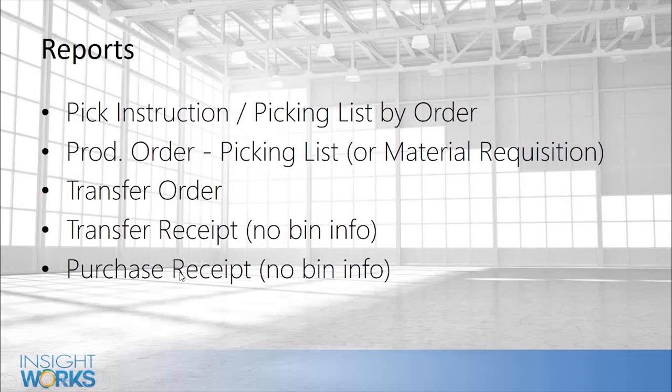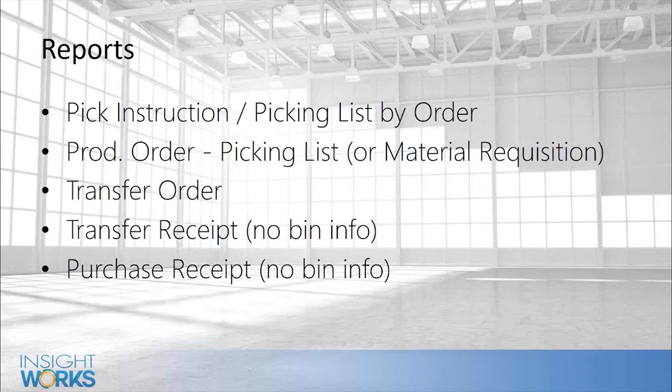Same thing with receiving. There's no real report that tells you where to put product after you've received it, if you don't have the inventory documents turned on. One of the key things about these reports is that, except for I think the picking list by order maybe, they assume that bins are enabled.